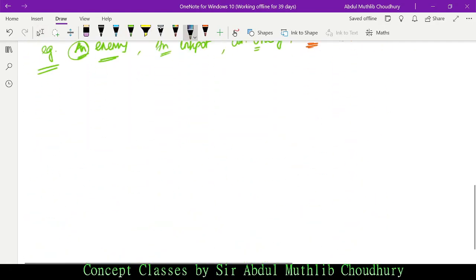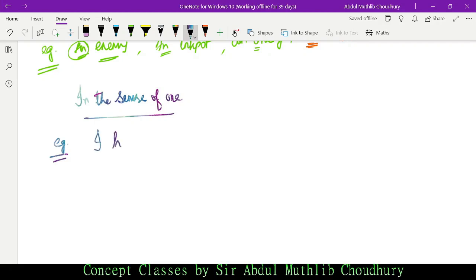Let us move ahead with some more examples of an. An can be used in the sense of one. In the sense of one means singular. Let's give an example. I have an ink pot.